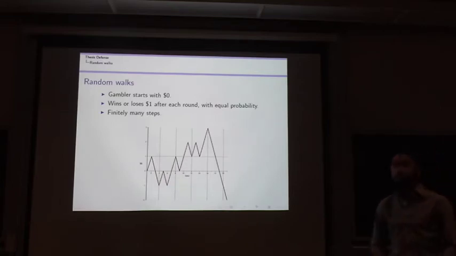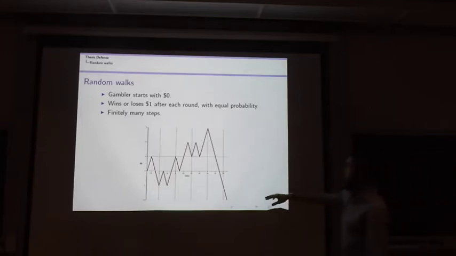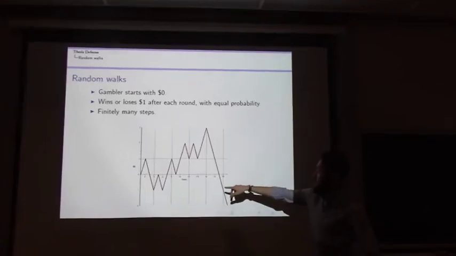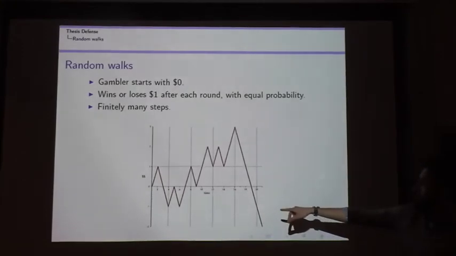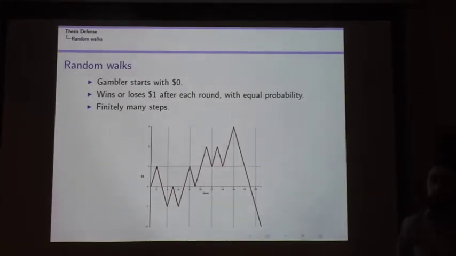Let's assume he quits after finitely many steps. You've probably heard of this problem. It's a pretty common problem. Here's a typical walk: the x-axis is time, and the y-axis is the amount of money he has at a certain time. If I go too fast or you have questions, just stop me.